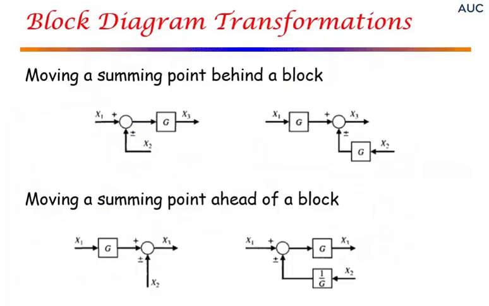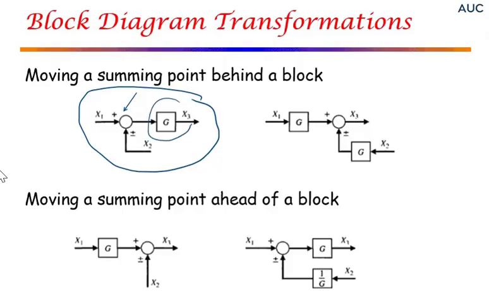Now, possibilities that could arise in dealing with block diagrams is that sometimes you could have a combination like that, which is a summing point and a transfer function, and for some reason, to do simplification, you would like to move the summing point to be behind the block, so you will move it to this direction.